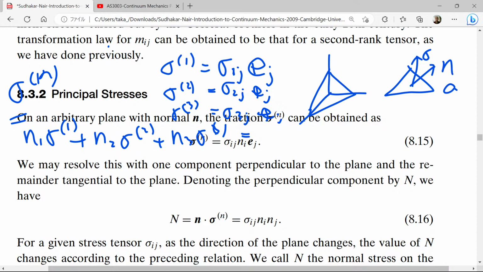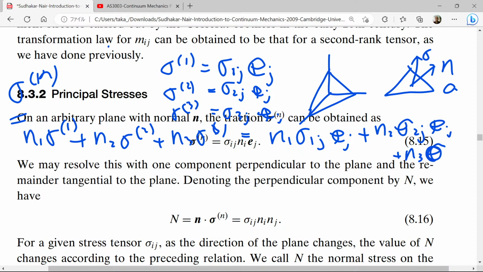So you can say this is n1 sigma 1j ej, n2 sigma 2j ej, n3 sigma 3j ej. Okay? So this is more like ni sigma ij ej.